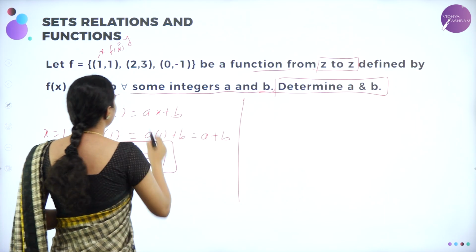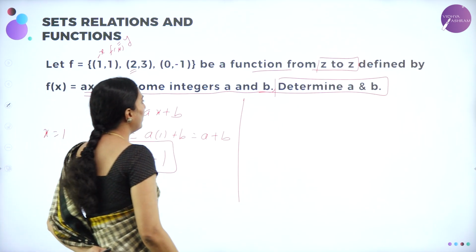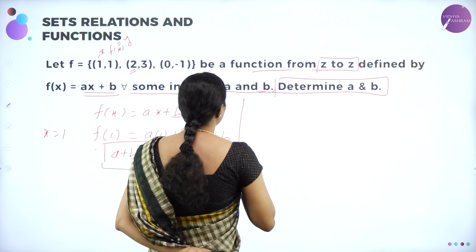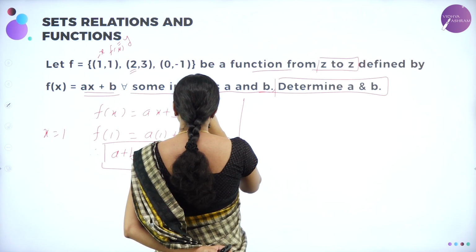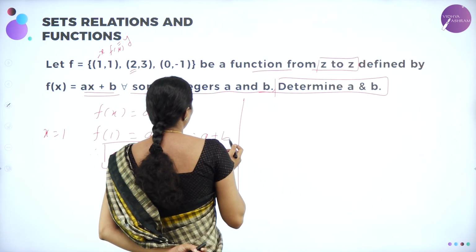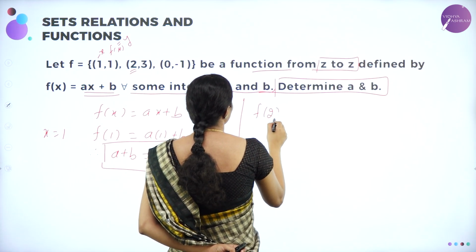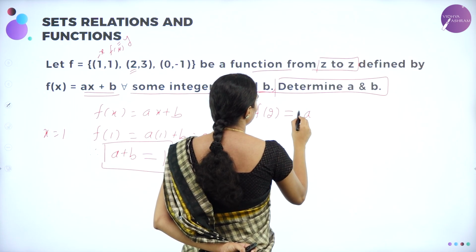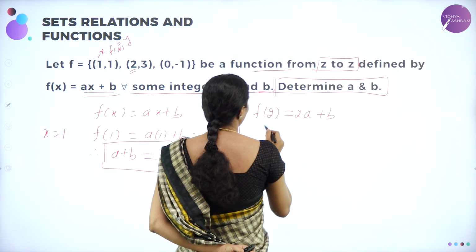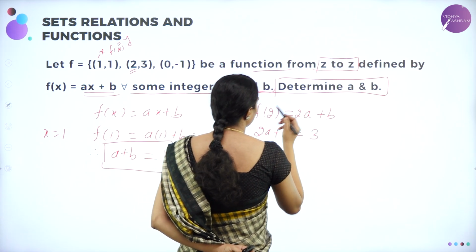Similarly, the second value given is at x equal to 2, f of 2 is 3. Let me substitute that value. f of 2 is equal to a into 2, that is 2a plus b, and f of 2 is 3, so 2a plus b is equal to 3.